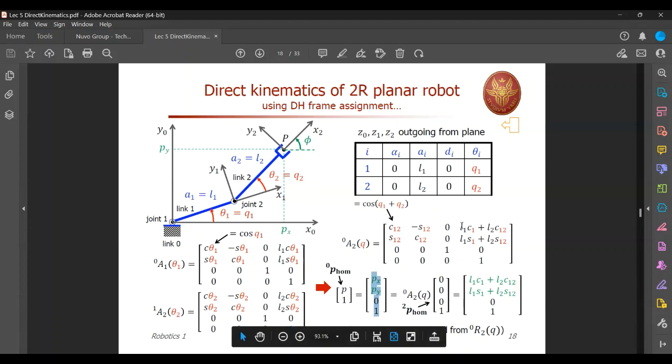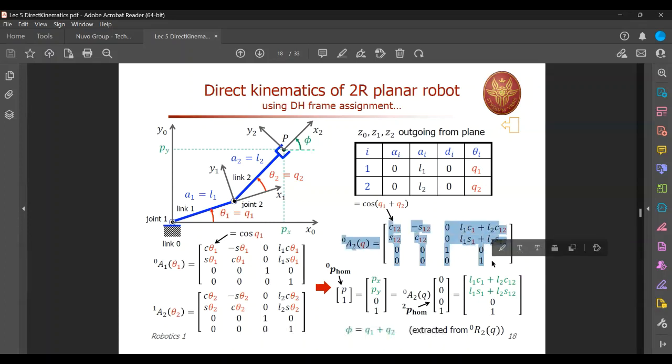In order to get that one, you can alternatively do this now. You have the coordinate frame here, transformation here, and you multiply any vector attached to this coordinate frame with this one, pre-multiply, you get the position of that point. So this point is actually 0, 0, 0, the origin of the coordinate frame here, right?